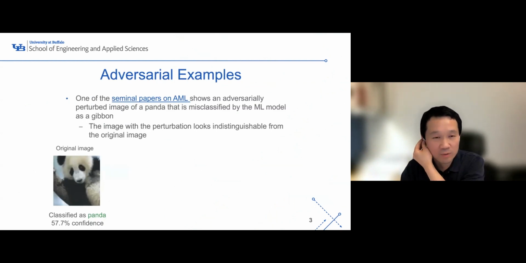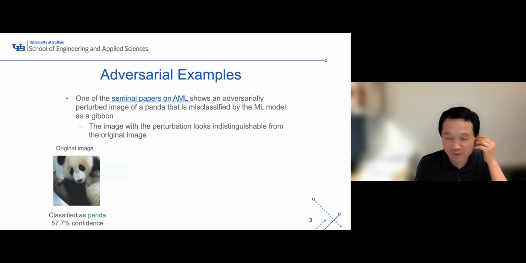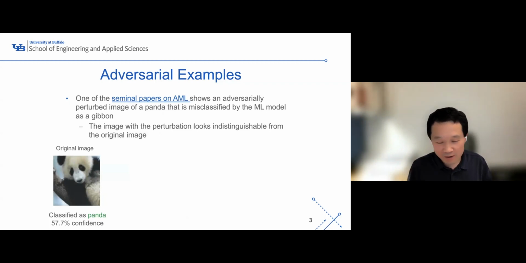One major security problem: if we discuss traditional machine learning, we call them adversarial examples. I think this is a good example. This image is just a panda. We train a machine learning system, and then the system can identify, oh, this is a panda, with over 50% confidence.